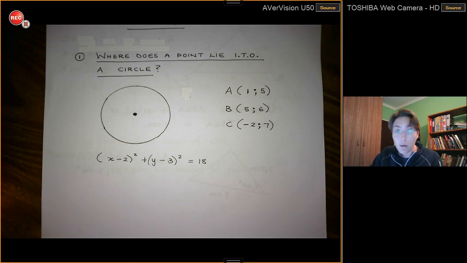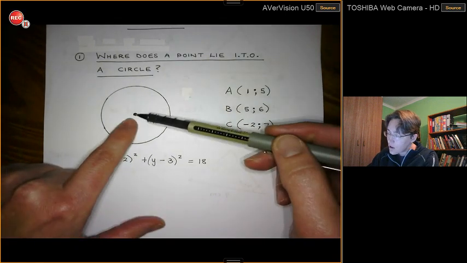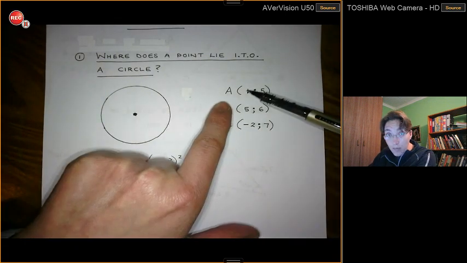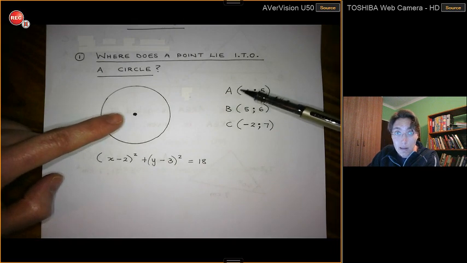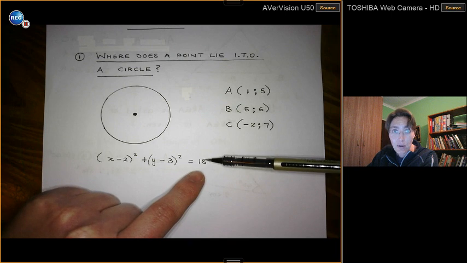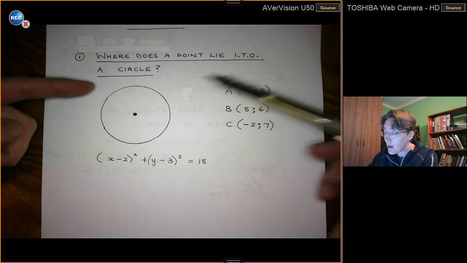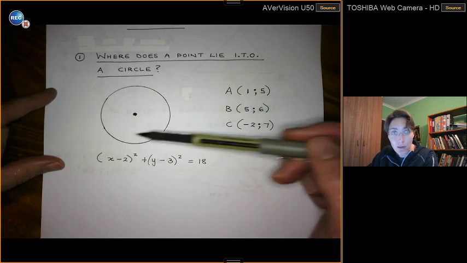So very simply, it works like this. If you go from the center of the circle to a specific point, and the distance between those 2 points, the center and that point, is less than the radius, then obviously the point has to lie somewhere inside the circle.